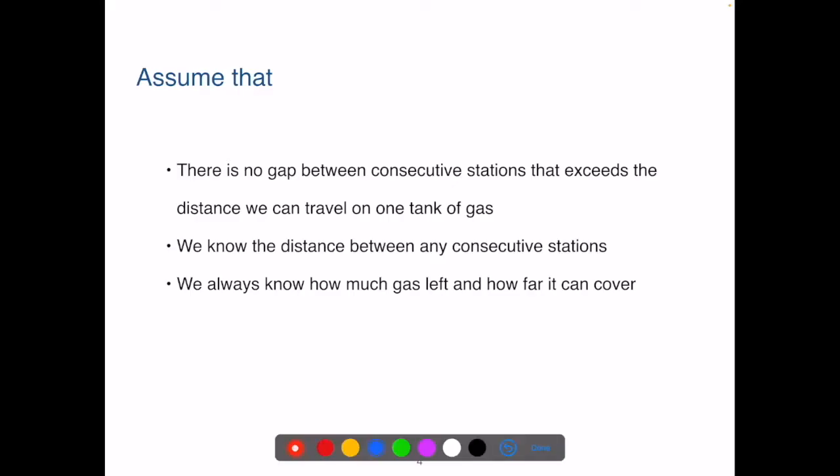Again, the idea is that once we have filled up the gas at a station, let's say the station is S_i, we try to go as far as we can, so we only stop at the next station S_{i+1} if we cannot make it to the station S_{i+2}. If that's the case, we stop at S_{i+1}.